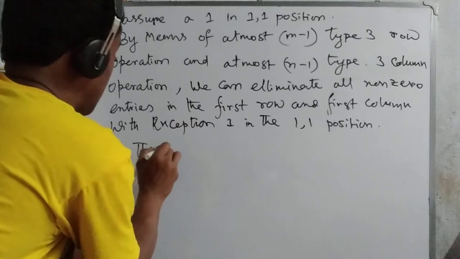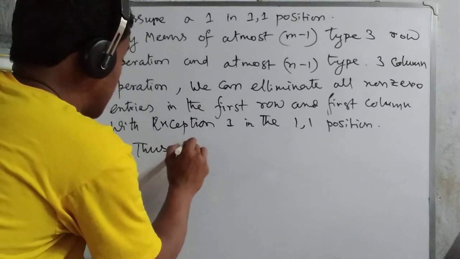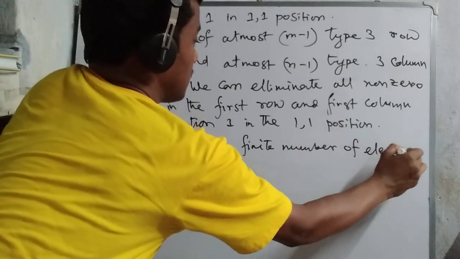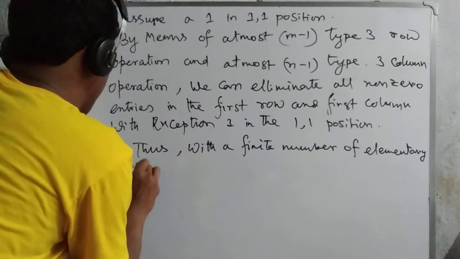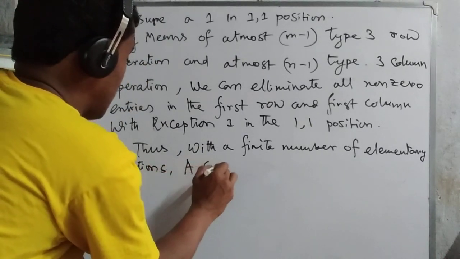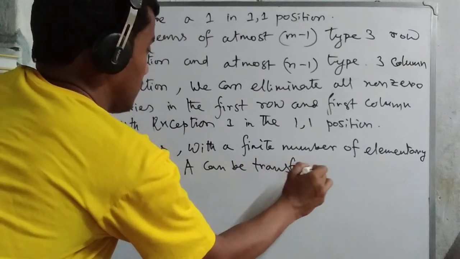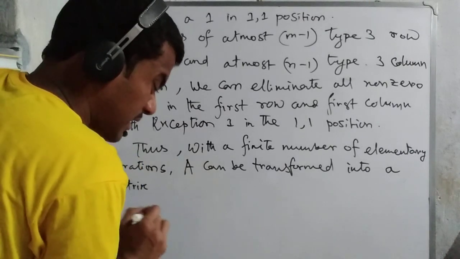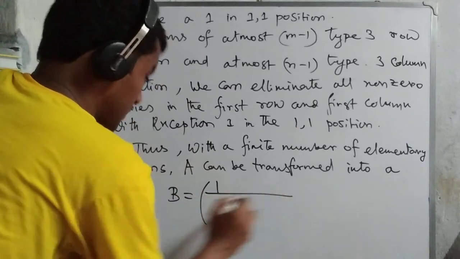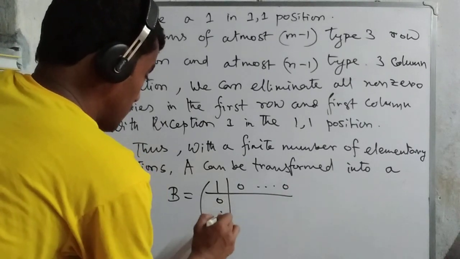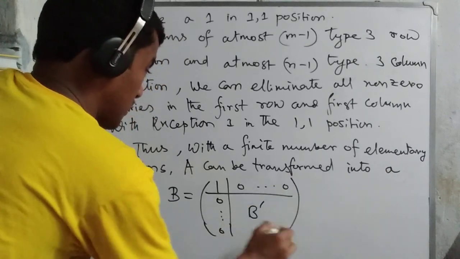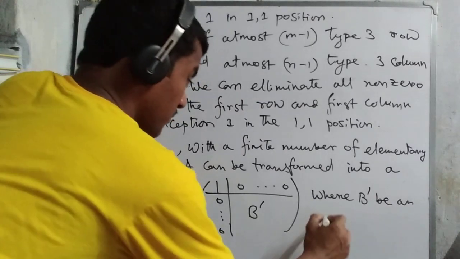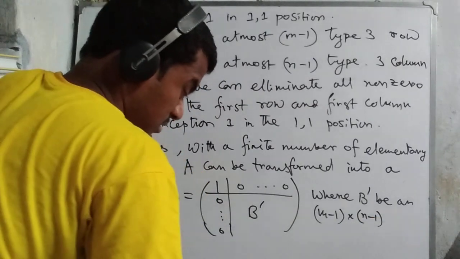Thus, with a finite number of elementary operations, A can be transformed into a matrix B, where 1 here 0 dot dot dot 0 and 0 dot dot dot 0, and here B dash, where B dash is an m minus 1 cross n minus 1 matrix.